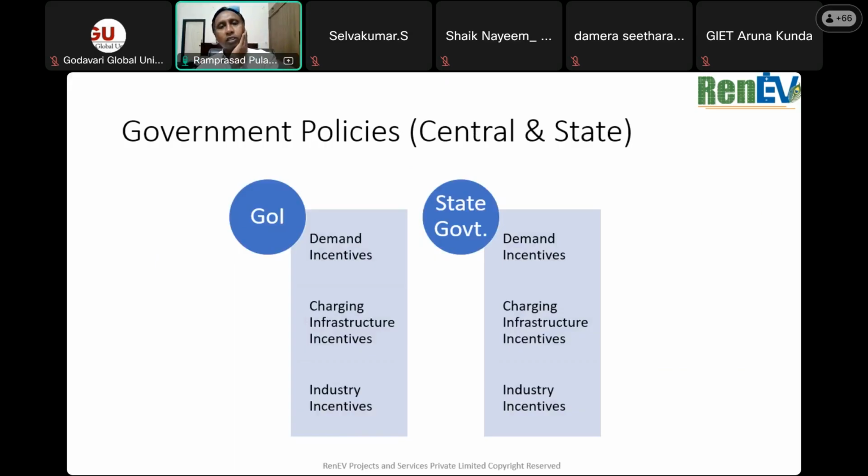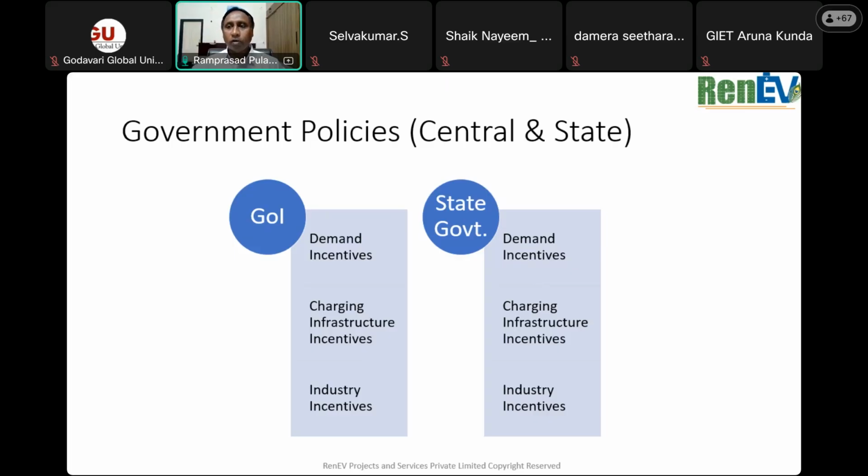Now we talk about the government policies, central and state government. What are the different policies we can see here? There are demand incentives, charging infrastructure incentives, and industry incentives. The policies of the Government of India and the state governments complement each other. State governments have their own policies and the central government also has its own policies.